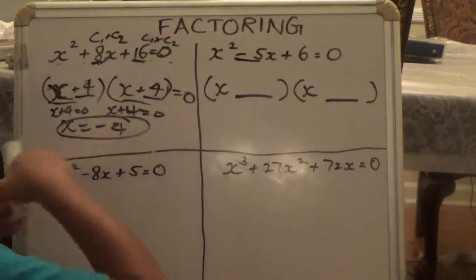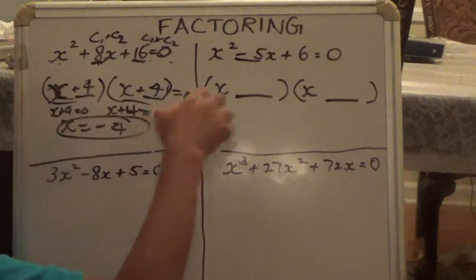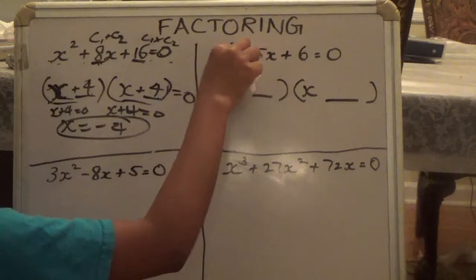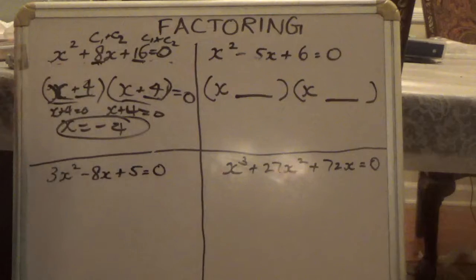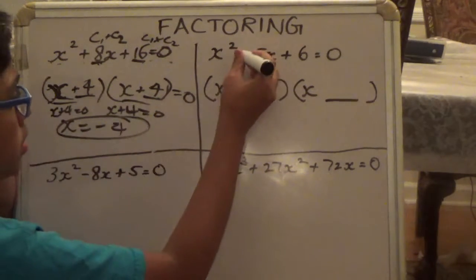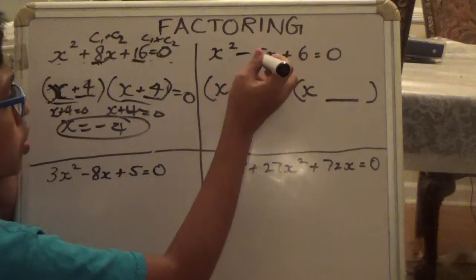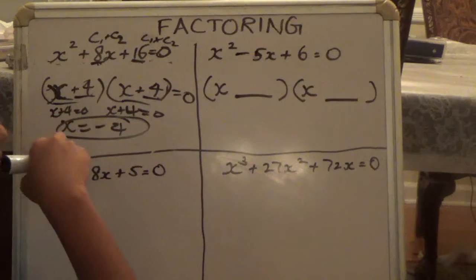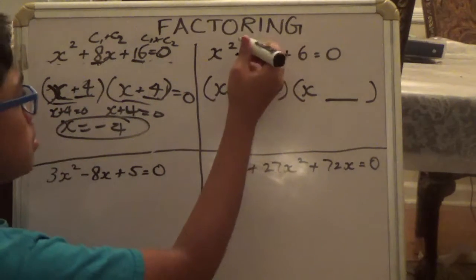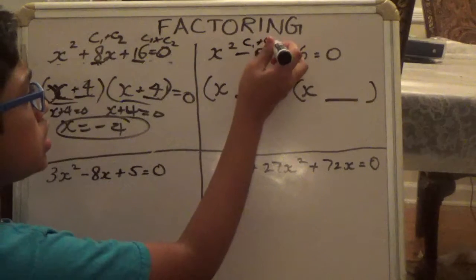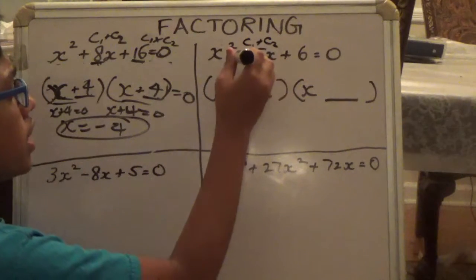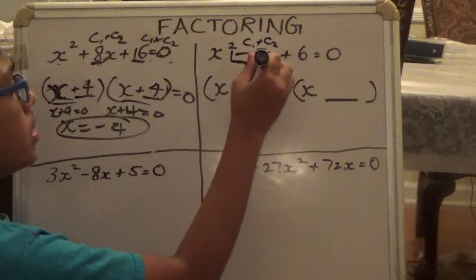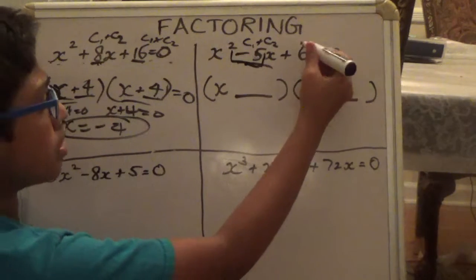This is a negative 5. And so we need to determine, okay, to get a positive number, you can either multiply two positives or two negatives. And so c1 plus c2, you get negative 5. Include the negative, okay, or else you'll get it wrong.